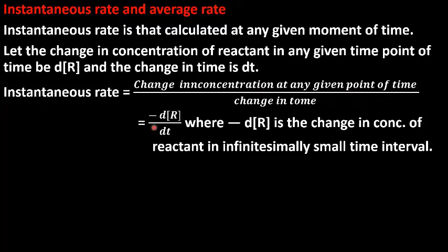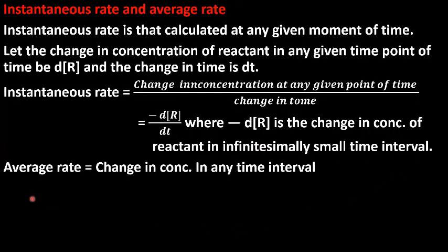That is minus dR by dT, where minus dR is the change in concentration of any reactant in an infinitesimally small time interval, whereas average rate equals change in concentration in any time interval. So average rate equals minus delta R by delta T, that is R2 minus R1 by T2 minus T1.